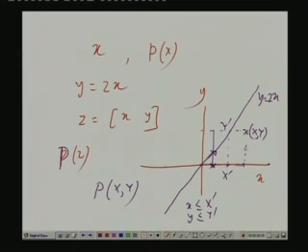I repeat again, suppose your x prime is here and this is y prime.